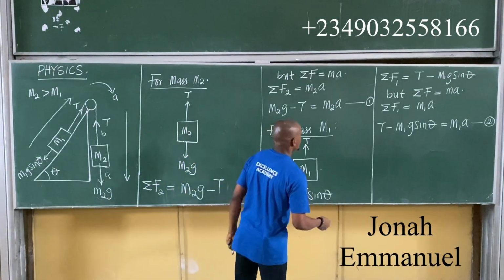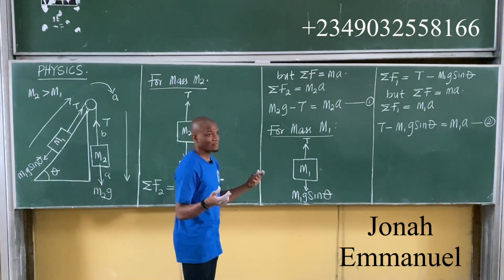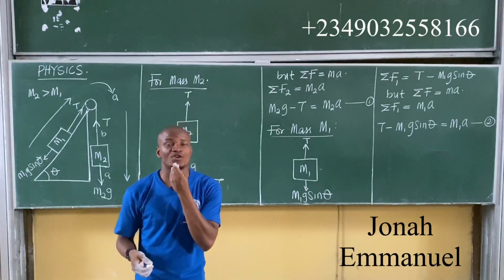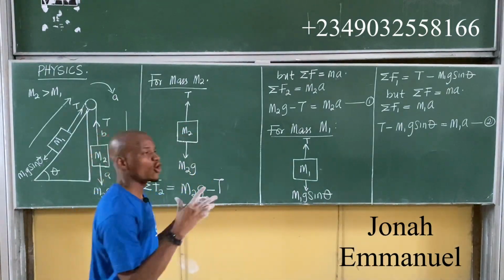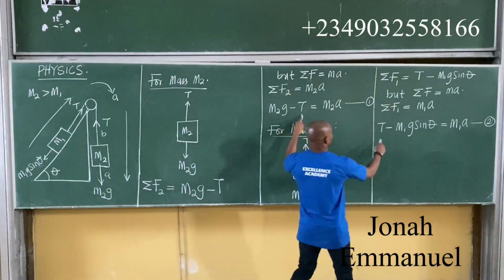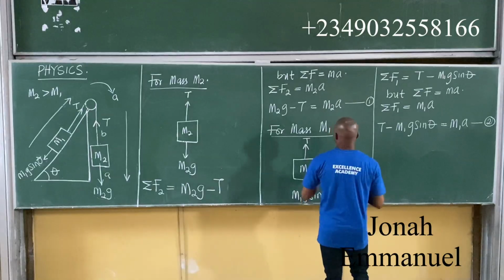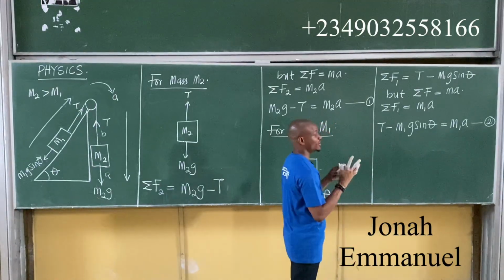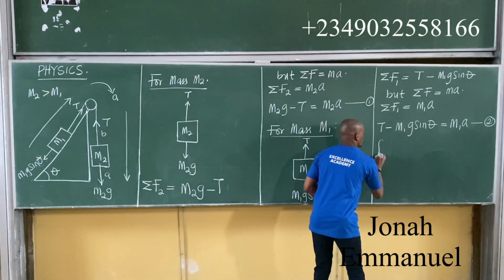How do you get the expression for acceleration? Here's how it's done. For this one, you're having just two equations. Sometimes you have 3 equations, sometimes 4 equations. But how do you work on it? The idea is this. These two tensions are said to be the same. So from any of the equations, make T the subject of the formula. Let's use equation 2.